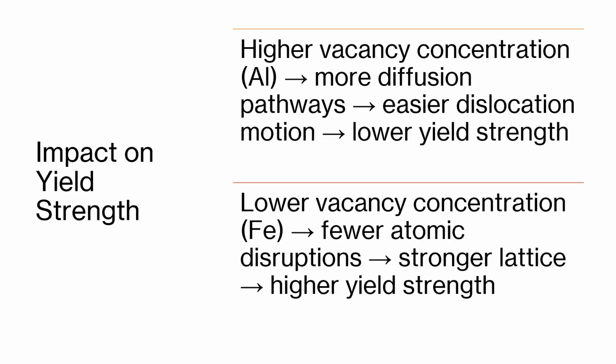So if you look down here at aluminum: higher vacancy concentration, more diffusion pathways, which equals lower yield strength. Iron, because it has fewer vacancies and stronger bonds, resists deformation better, so it has a higher yield strength. Look down here: lower vacancy concentration, fewer atomic disruptions, which equals higher yield strength.